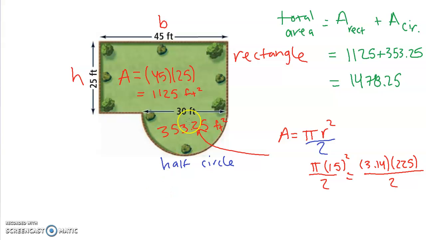Okay, so here we have our figure of the area that we're trying to find. We have a rectangle on the top. The formula for the area of a rectangle is base times height. So 45 is the base, and the height is 25, equals 1125 square feet. That one's pretty easy. Now this isn't a circle, it is a half circle.